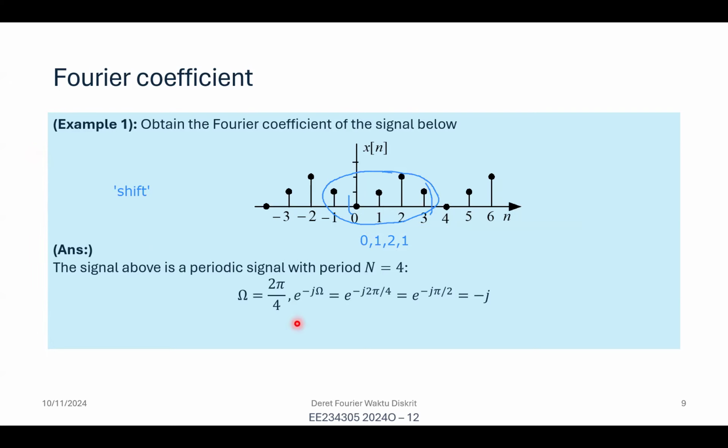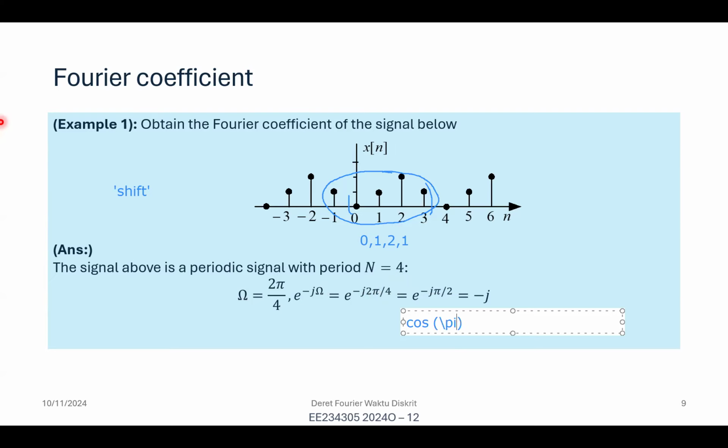And if we have the signal with period 4, we can just plug in this value of 4, or 2 pi over 4. The period here is N, large N again, and we get e to the minus j pi over 2, which is minus j. So this is again from the cos, right?